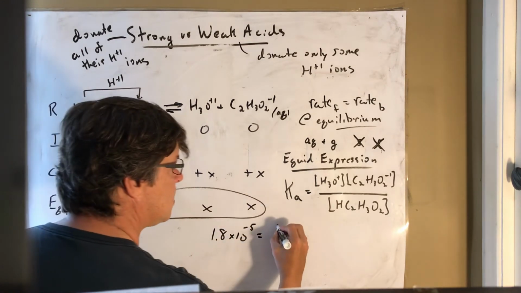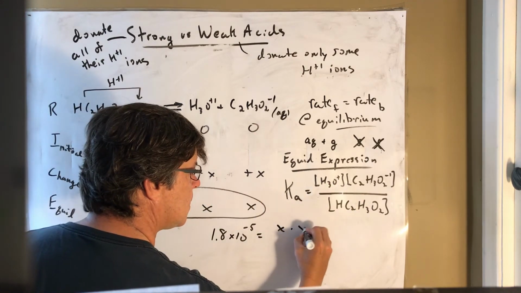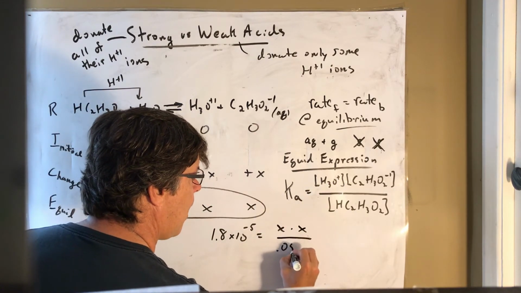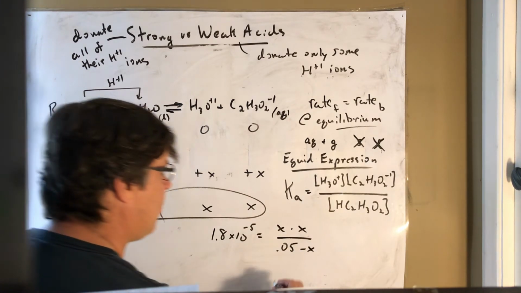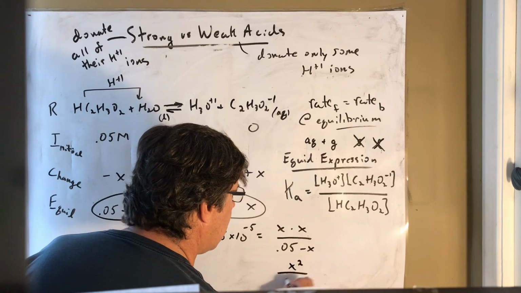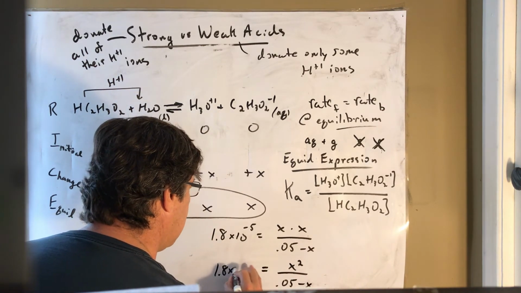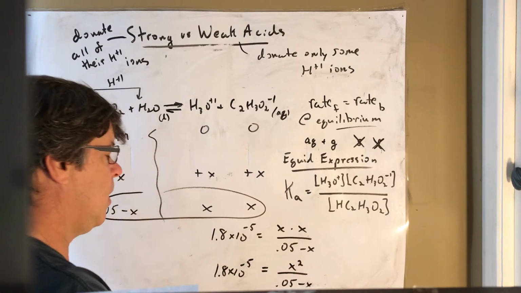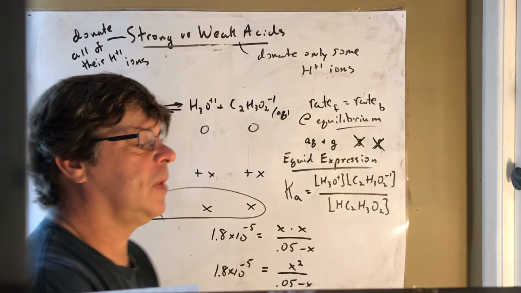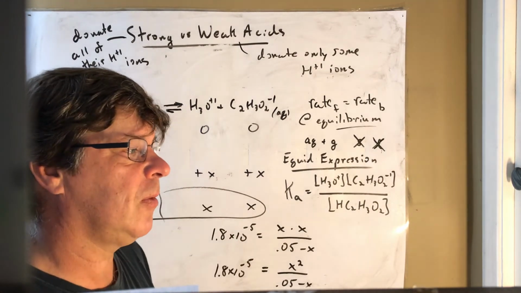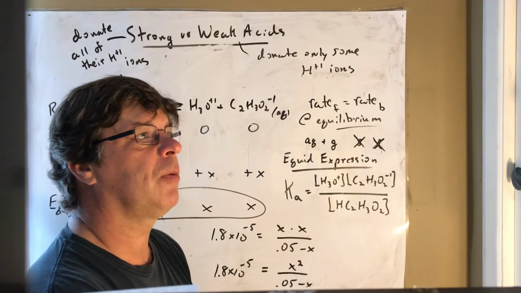And so this is going to be X, this is X, and this is 0.05 minus X. So you see, we have X squared over 0.05 minus X equals 1.8 times 10 to the negative fifth. Well, that's quadratic, right? With your calculators, using the solver function makes it easy to solve quadratic equations.